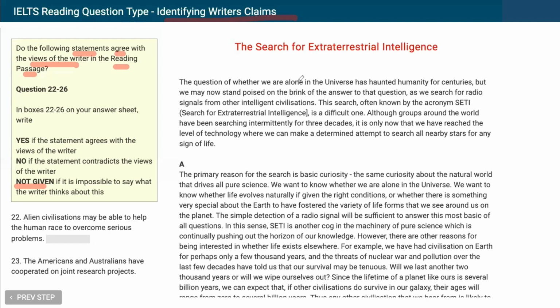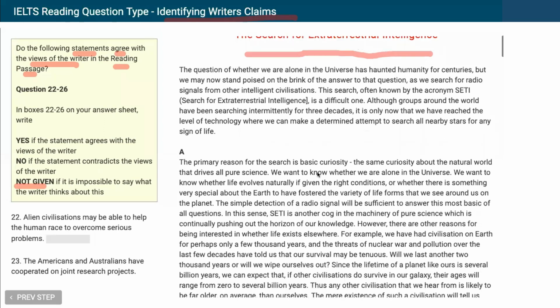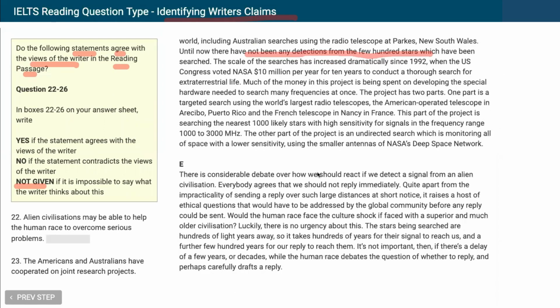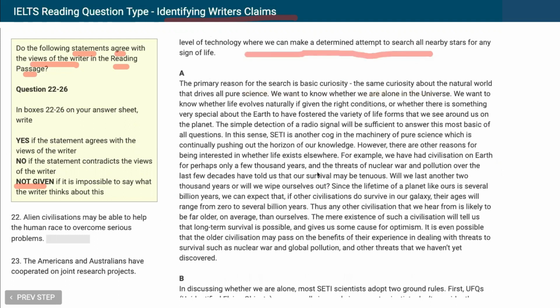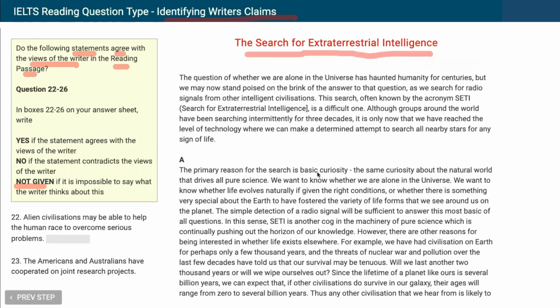So for example, if you are an expert at the search for extraterrestrial intelligence, which is pretty interesting, but if you are an expert in this subject, you must not call upon your expertise or that outside knowledge because we have to look at only this passage. And there's enough as it is to go through, so don't think about anything that is not in this passage.